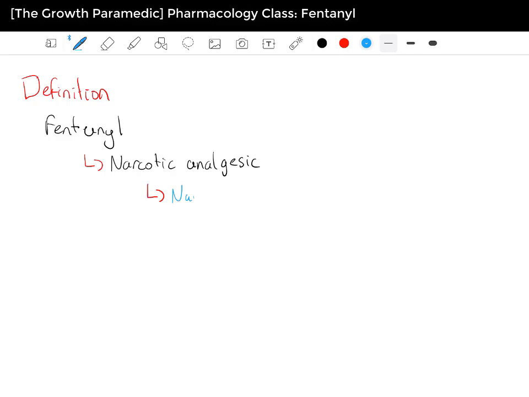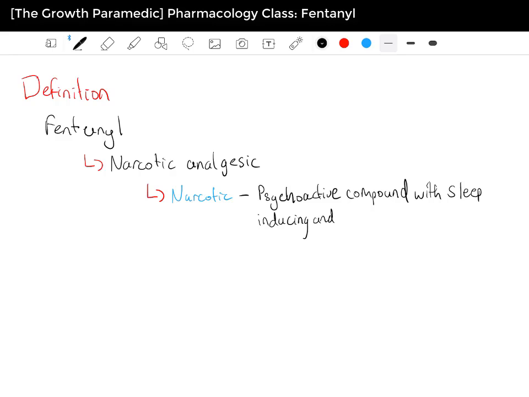Narcotic, psychoactive compound with sleep-inducing and euphoric properties, and that is associated with opioids or opiates.